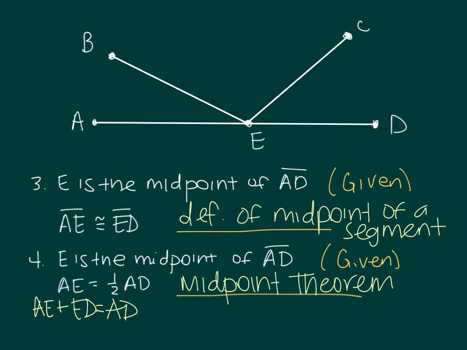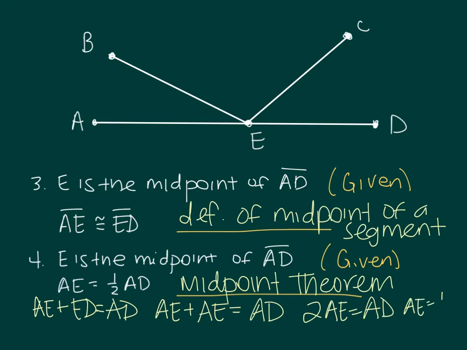By substitution, I know that AE is congruent to ED, so I really have AE plus AE is equal to AD. We know by multiplication, really, we have 2AE equals AD, and then by division, I see that AE is equal to 1/2 AD. So instead of having to write that out every time, we can just call that the midpoint theorem.